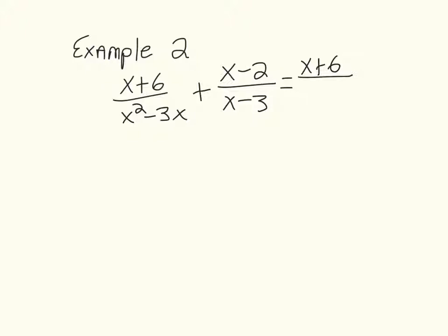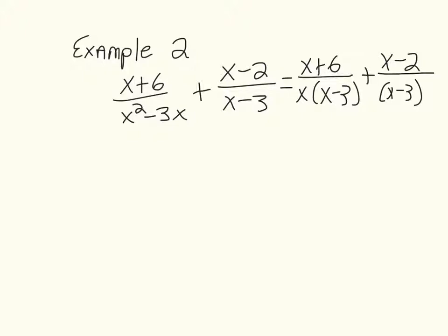My numerator of x plus 6 doesn't change, but my denominator becomes x times x minus 3, plus second fraction. I have x minus 3 in my numerator. I have x minus 2.